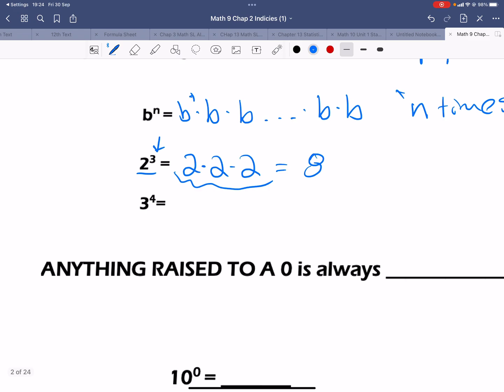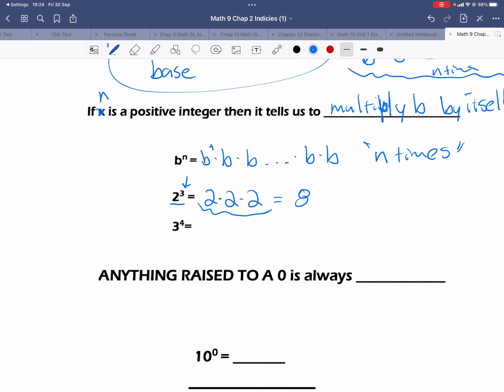3 to the 4th. Oh, and we have some common ones. Whenever we have a number to the 2, we say x squared. You can also say x to the 2, and that's okay. And then when we have something to the 3, we say x cubed. Those are just common words that we use all the time. If you hear squared, it means raise it to the 2.